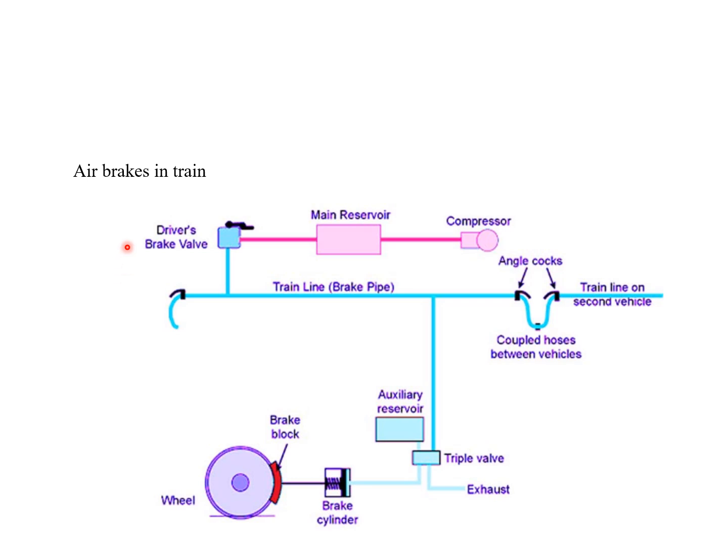The air brake system in trains uses compressed air to control braking across all cars efficiently. The compressor fills the main reservoir with air, which is distributed through the train line, that is the brake pipe, and each car has an auxiliary reservoir and a triple valve, which will direct the air to the brake cylinder when the brakes are applied.